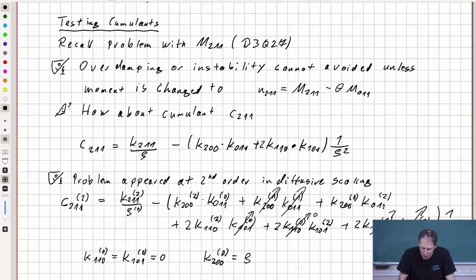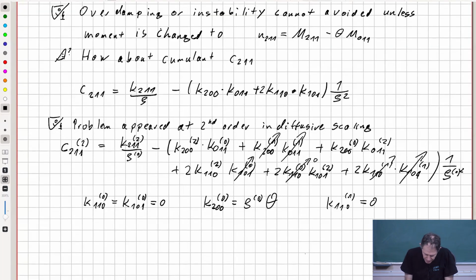So we have rho order 0, and then what is left is theta. So this obviously exists, and K110 and the other one to first order, they are also 0. Second order moment, this is 0.